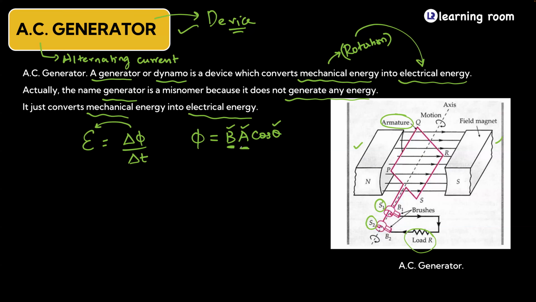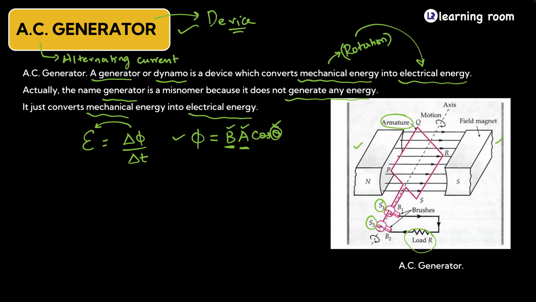In this case, if you observe, the flux is changing not because of B, because it is fixed. It is not changing because of the value of area, because in this case it's still a rectangular coil. But it is changing because of the orientation. In the sense, when this coil is in rotation, the angle made by the area vector with the magnetic field is always changing with respect to time.